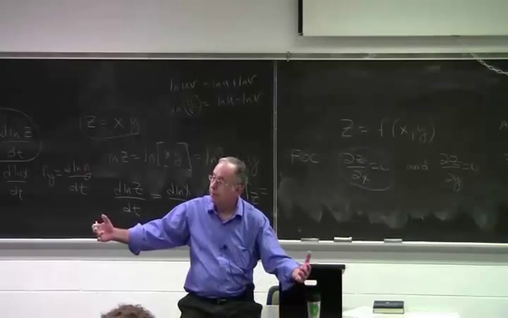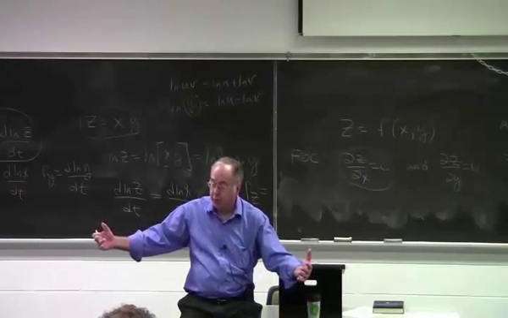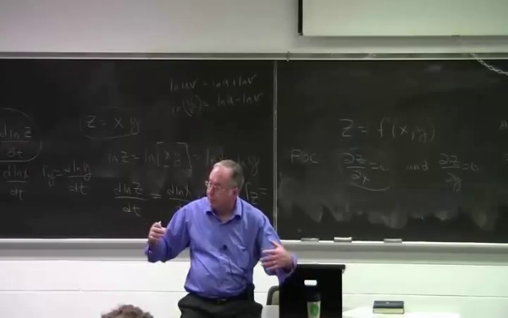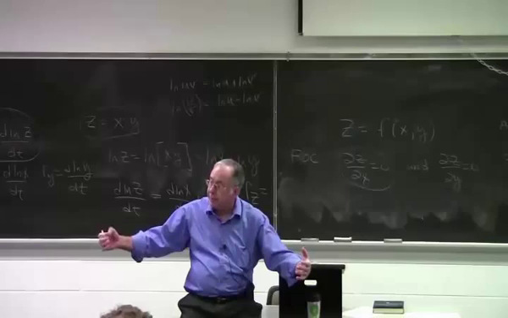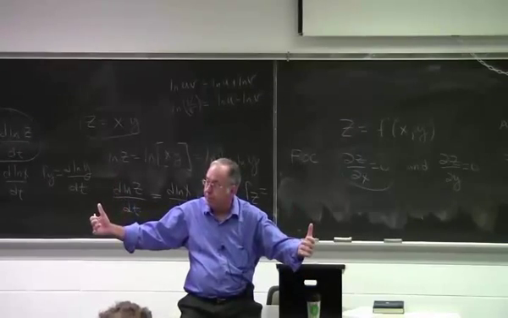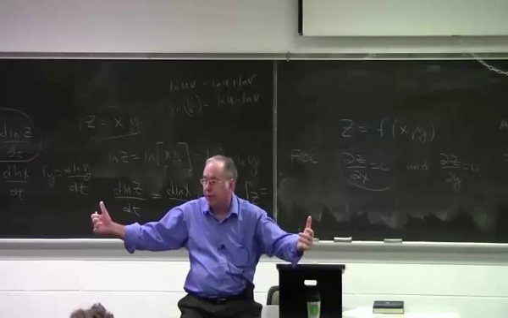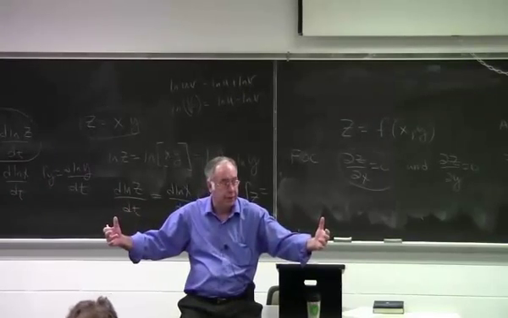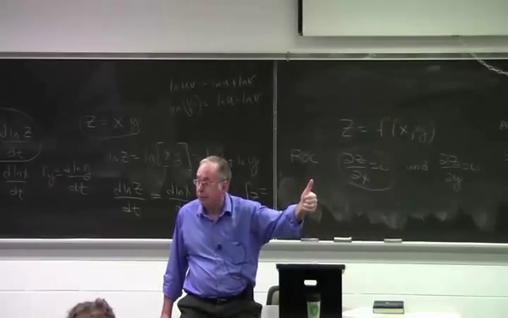It increases. So you couldn't possibly be at the maximum value of z, because all you have to do is increase x a little bit and z will get bigger. At the maximum, partial z, partial x can't be positive, because that means all you have to do is increase x a little bit and z will get higher.